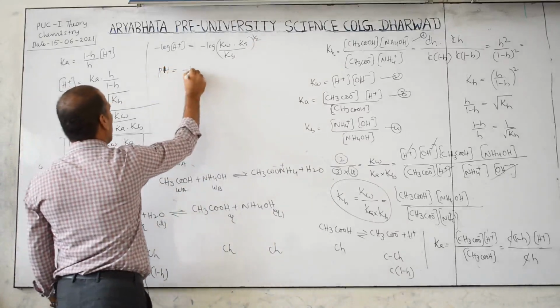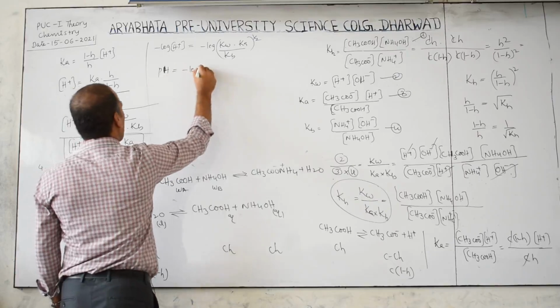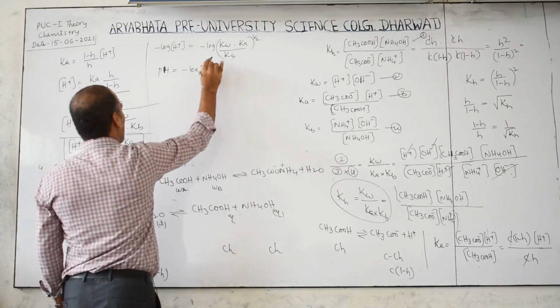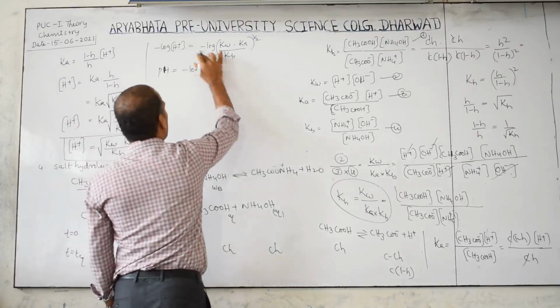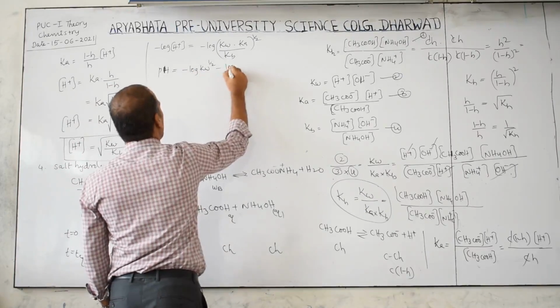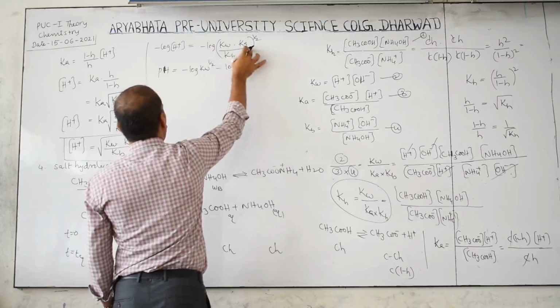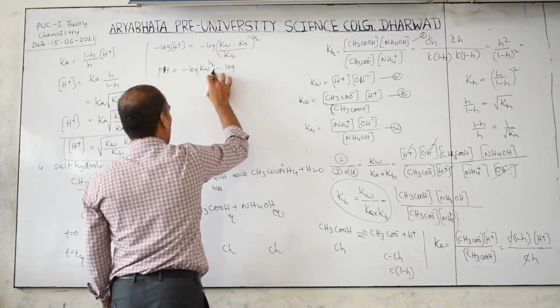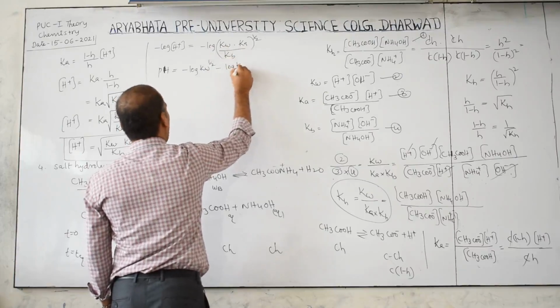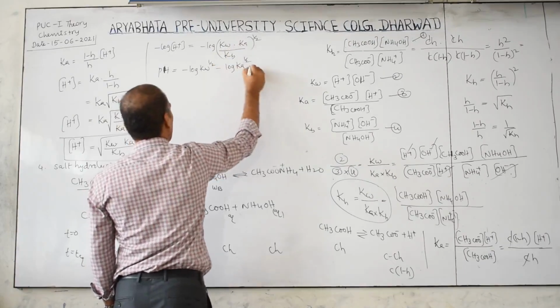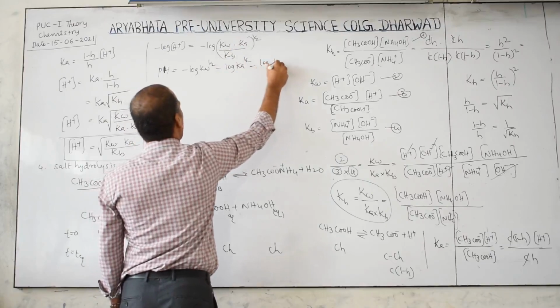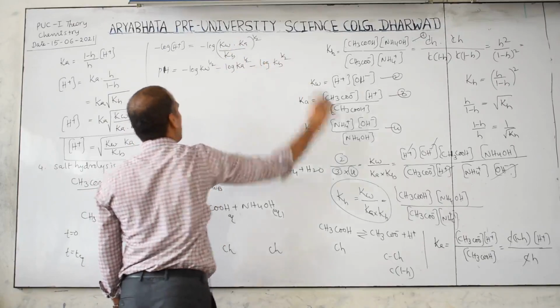This can be represented as negative logarithm of Kw whole power 1 by 2, and for A into B form, log A plus log B, so minus Ka whole power 1 by 2 log, and for A by B form, therefore minus log Kb power 1 by 2.